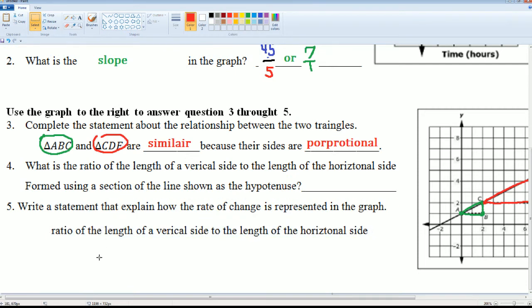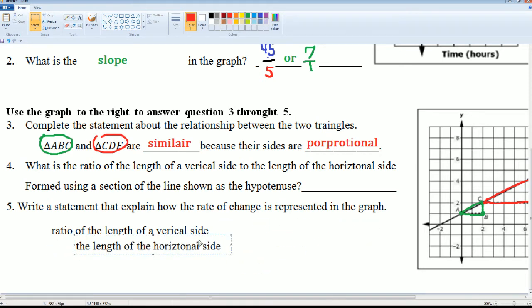So a ratio of the length of the vertical side to, which is the divide symbol, right? The length of the horizontal side. So you want to set up a ratio, and there should be a bar right here. So on top is the length of the vertical side. The bottom is the length of the horizontal side.